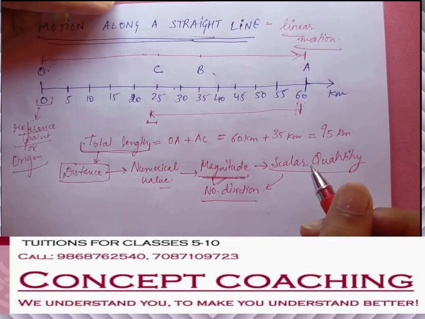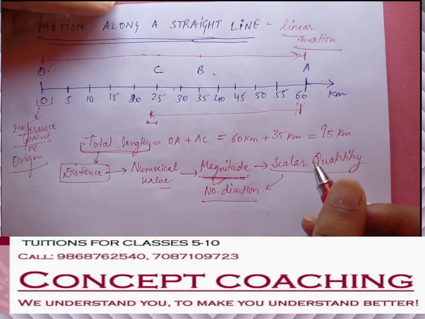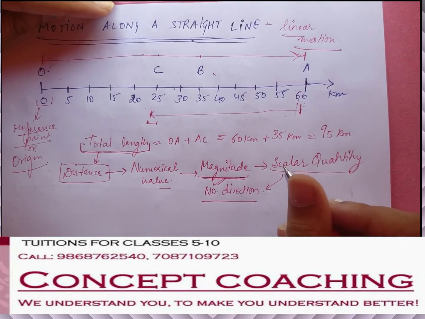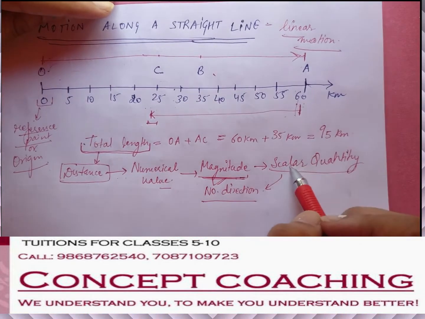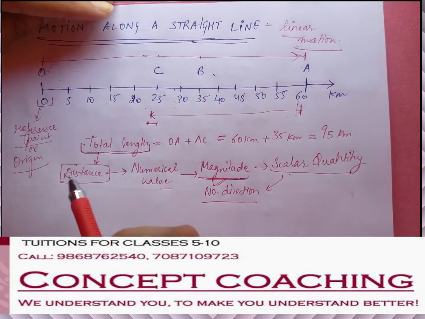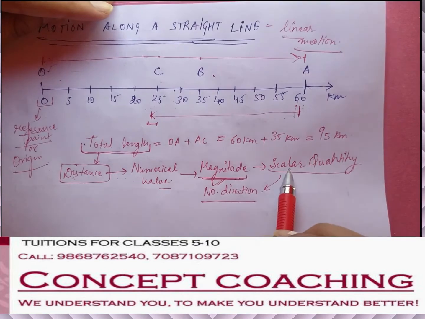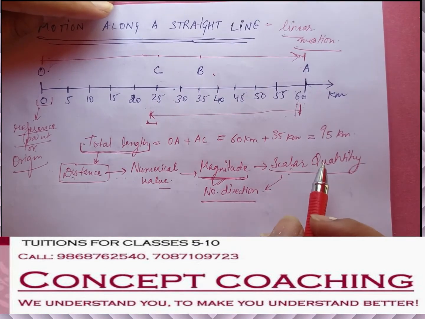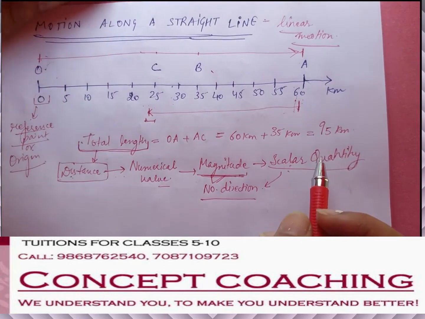In this case, we have taken our path length, the kilometers, which was the scale. So when we use only numerical values as a measure to determine something, it is known as a scalar quantity. In this case, distance is an example of a scalar quantity which has only magnitude and does not have any direction of motion.